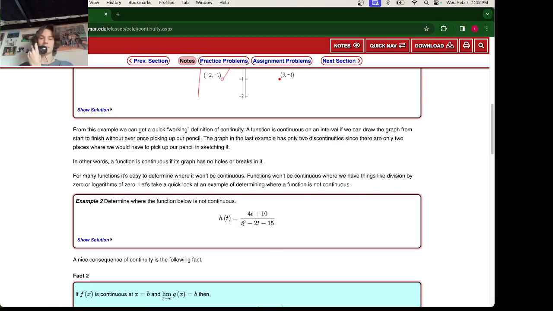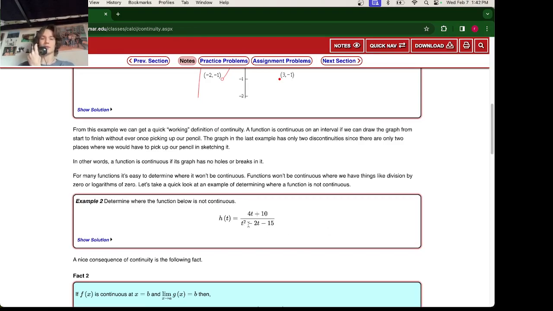Let's say, for this, sorry, I'm trying to do the math in my head. For this, t can't equal 3, and it can't equal negative 5.